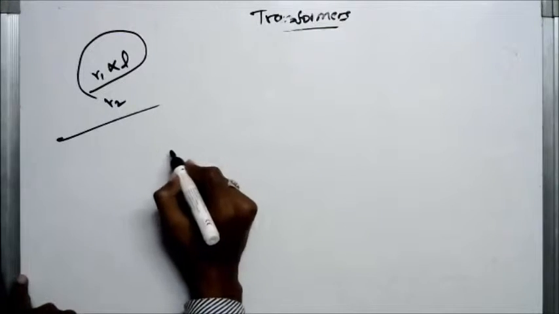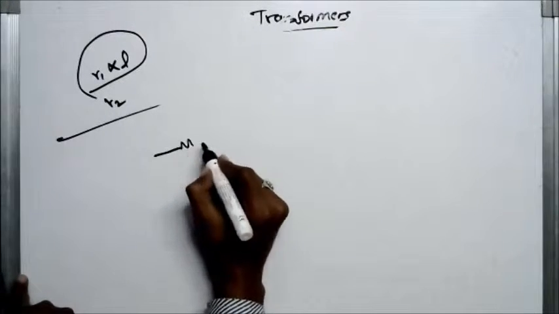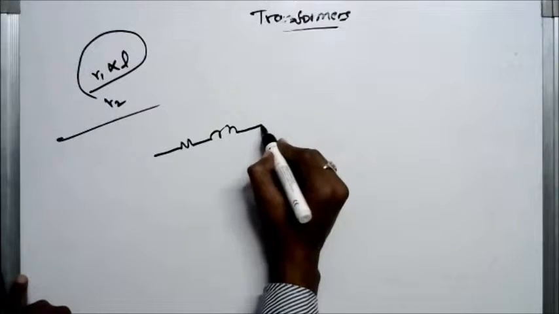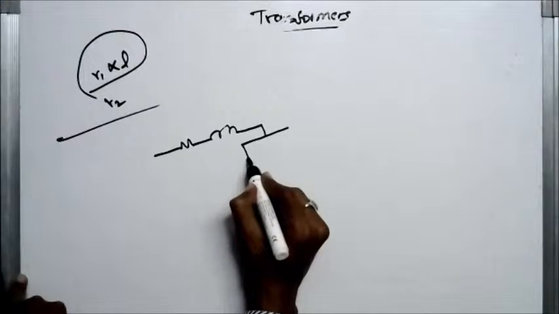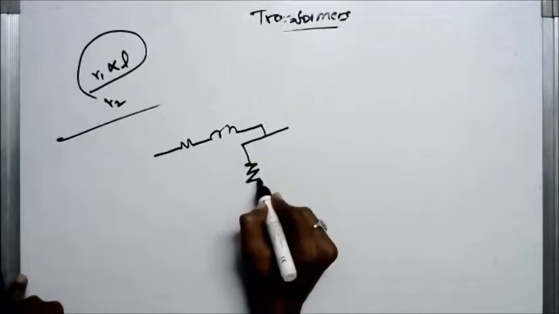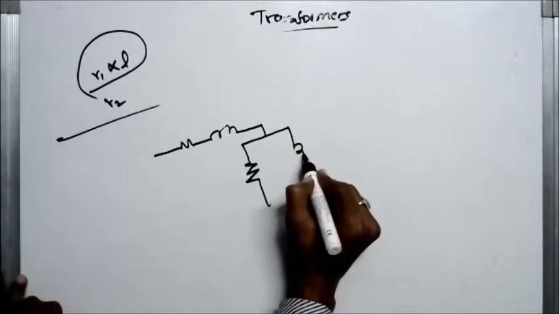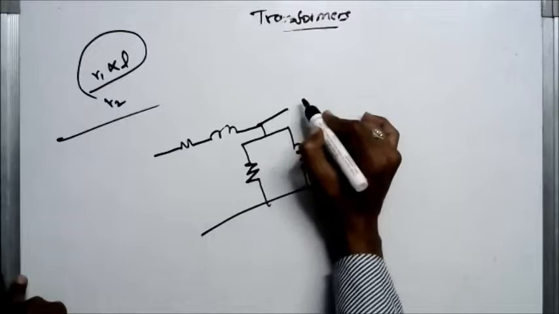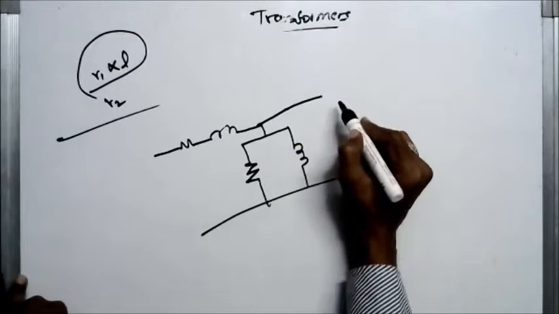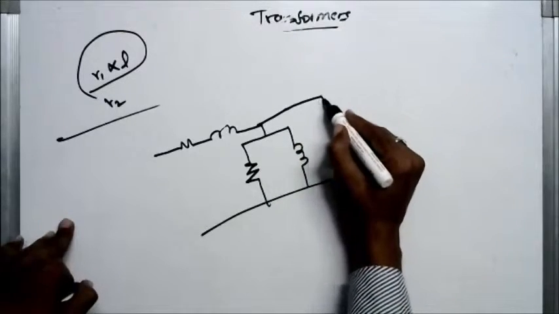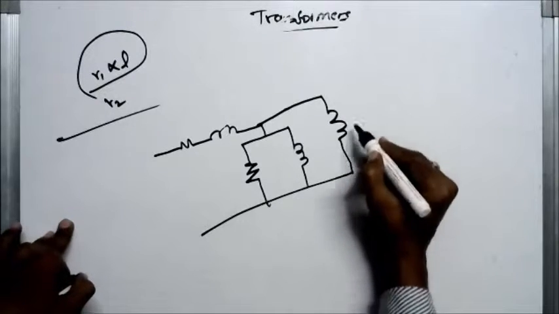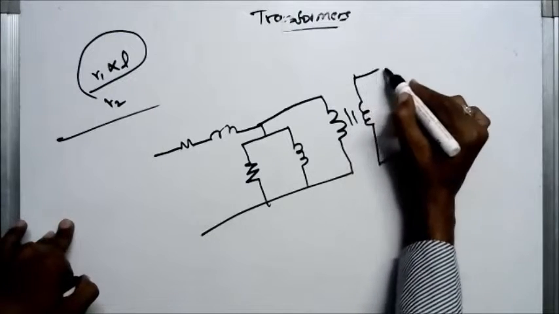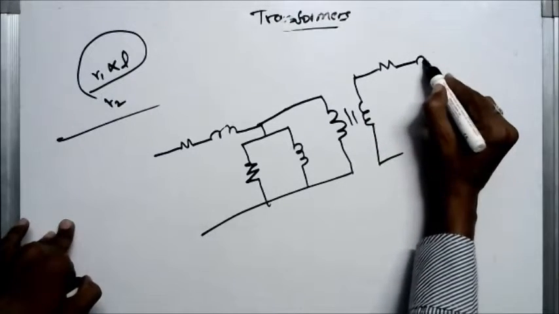First one, primary resistance. Second one, primary leakage inductance. Here is the shunt branch parameters RC, XM, and the secondary winding. We did not refer the values, so this is an ideal transformer. This is the secondary resistance and secondary leakage inductance.